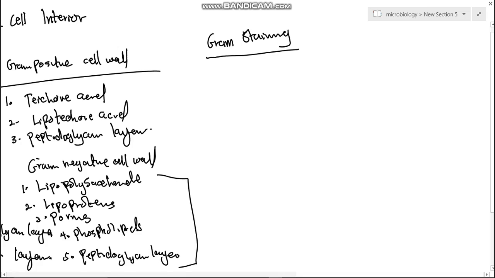So in this process, we have stains that we use. First of all, we have the crystal violet. Now we have the iodine solution.